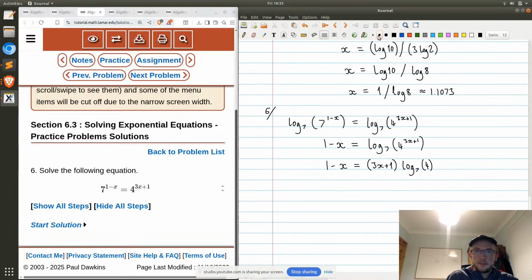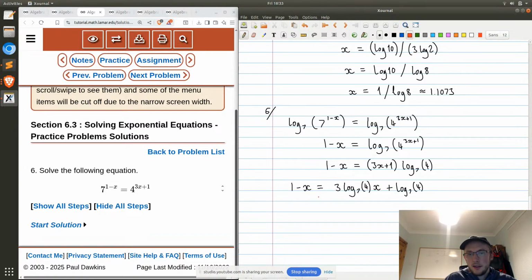So here I go. One take x on the left. Three x log base 7 of 4. Right, here's how I'm going to do this. Let's do this right. There.